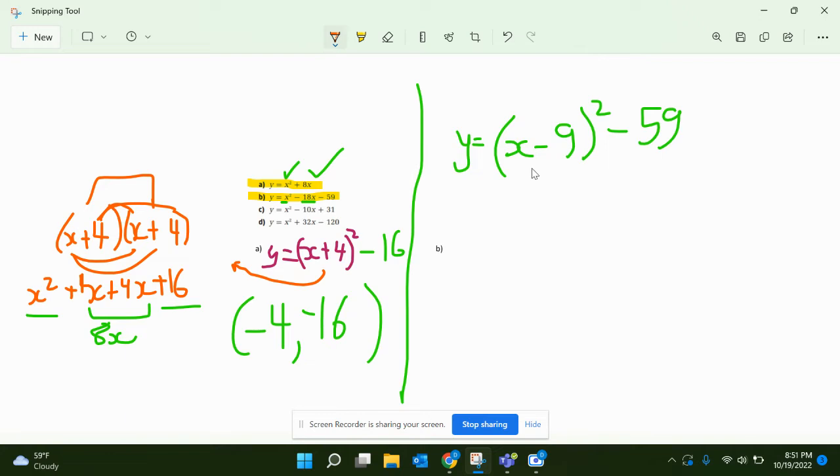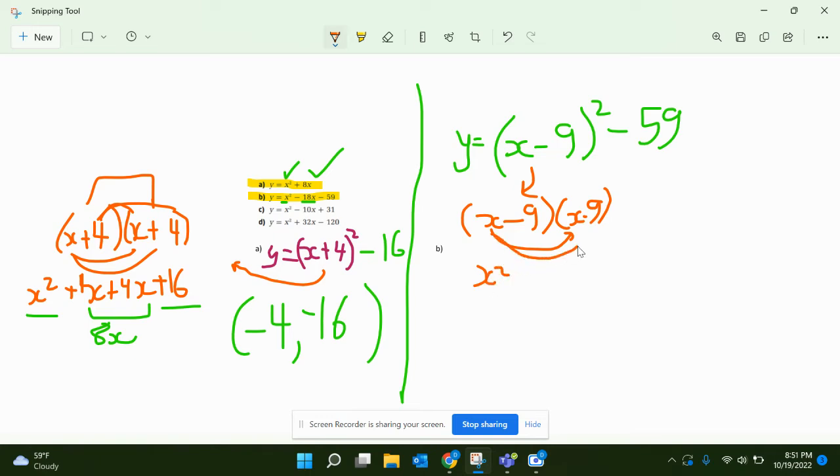Okay, my writing's getting bigger as I go along. Okay, now I'm going to take this piece as an aside. I'm just going to do it down here. x minus 9, x minus 9. Oh, let's FOIL that out. x squared is the first.